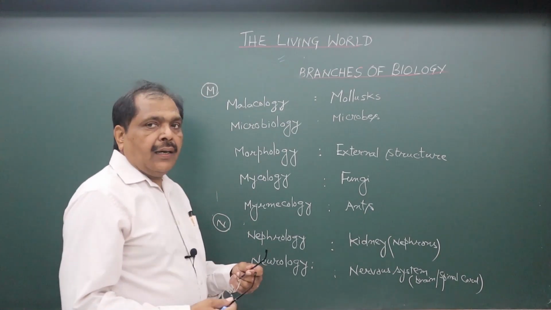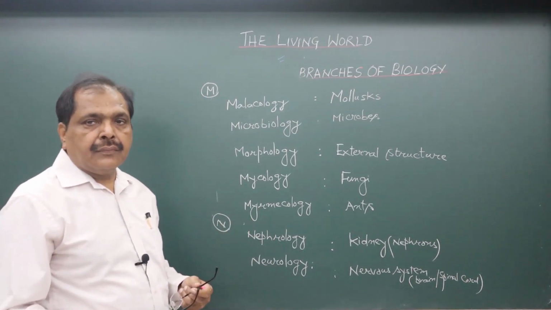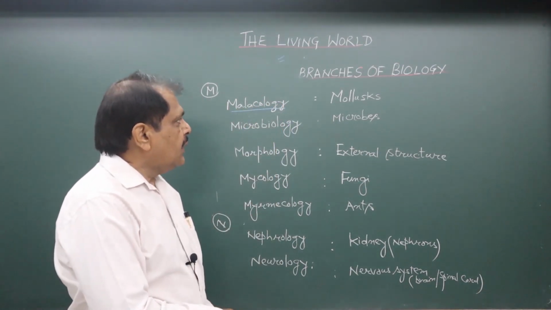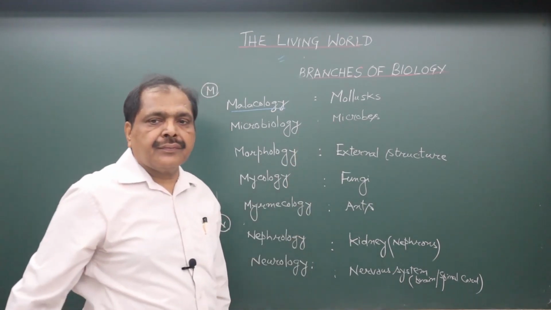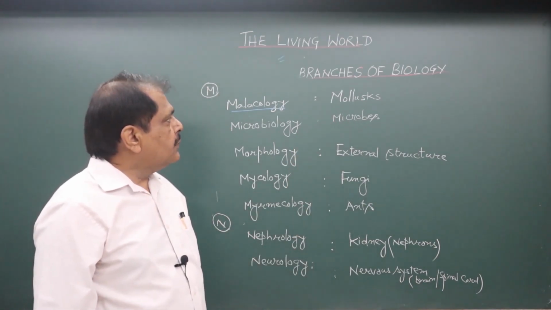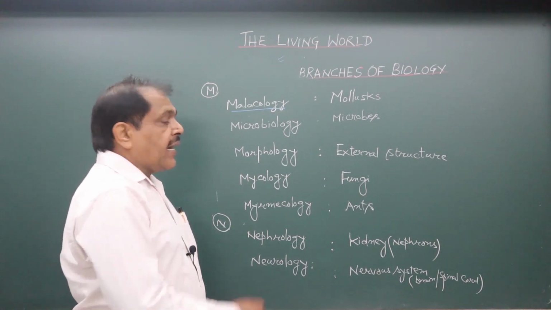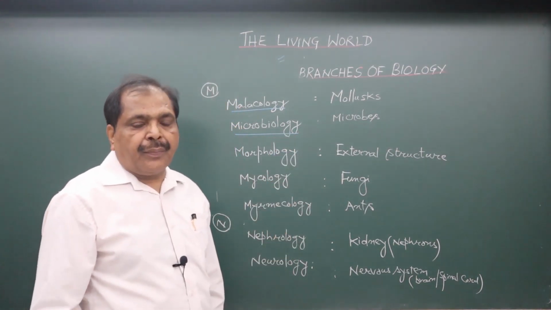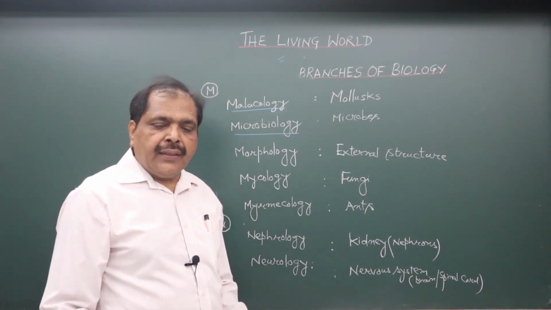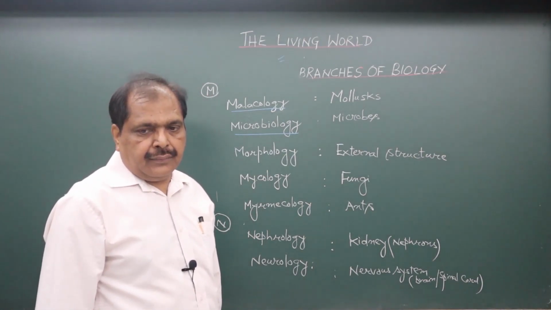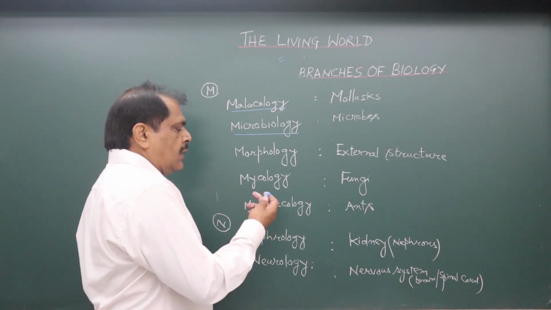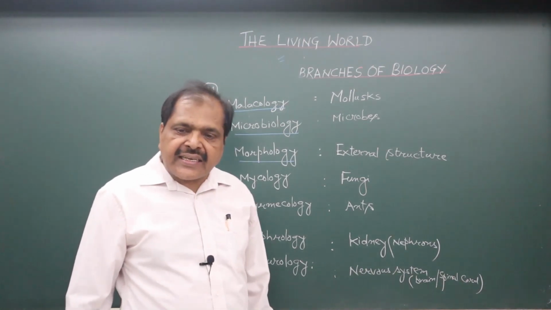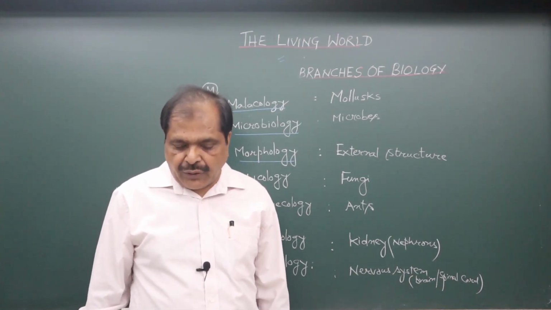Students, now we come to the alphabet M. Malacology. It is the study of mollusks. Then I have already told you about microbiology. It is the study of microbes. It is also the main branch of biology. Then morphology. It is the study of the external structure of an organism.